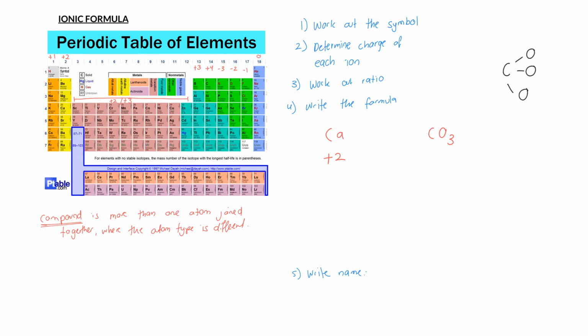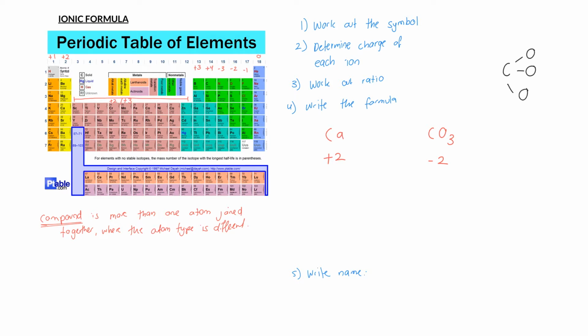The carbonates, or any of these polyatomic ions, I will give you their charge in the test or in any sort of time where we're practicing. So in this case, it's actually -2. Okay, so we then work out the ratio. Well, this one wants to give away 2 electrons.